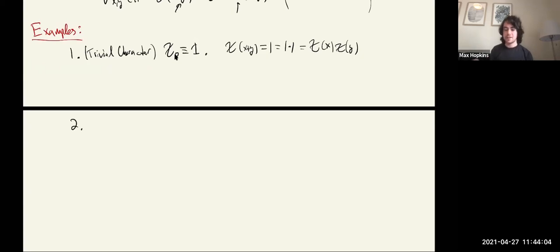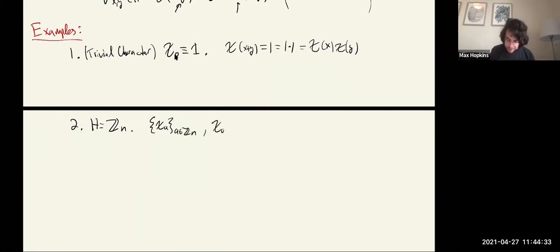Now let's look at the characters of a very simple group. So maybe H equals Z mod n. What are the characters of H equals Z mod n? These will basically be given by nth root of unity calculations. What do I mean by that? This will be the family chi a, for a in Z mod n, so in 0 through n minus 1.